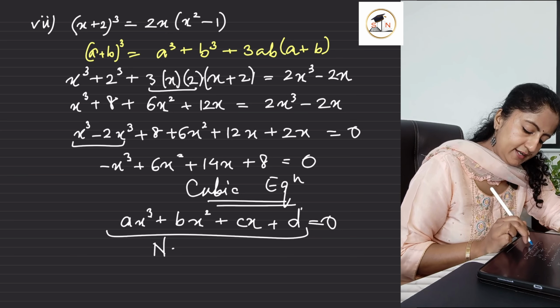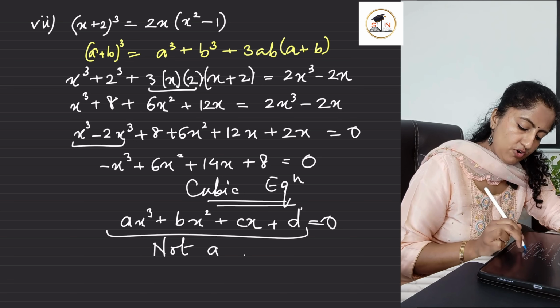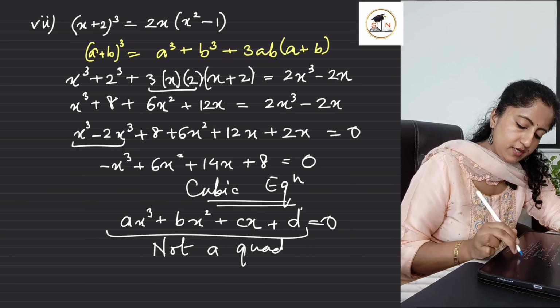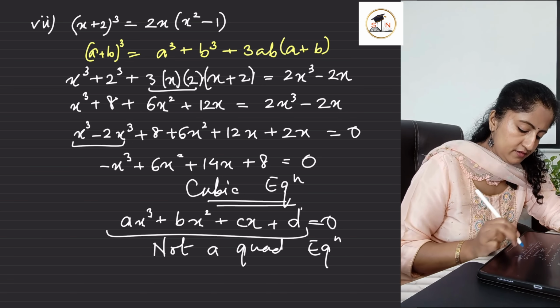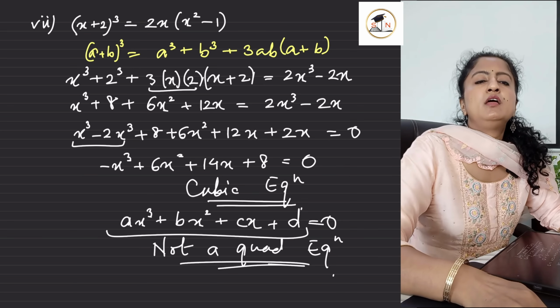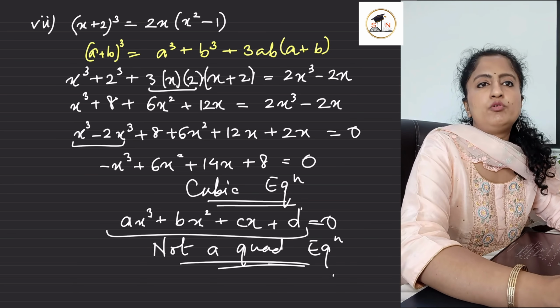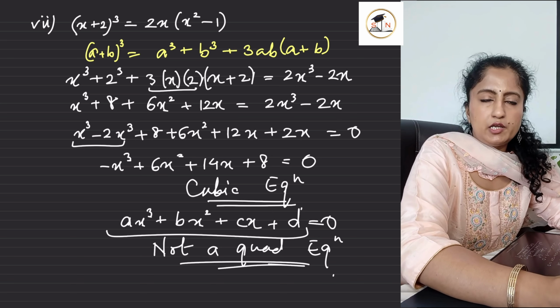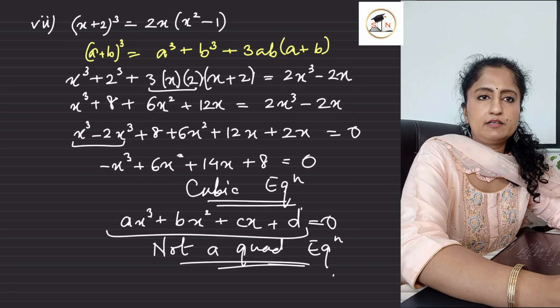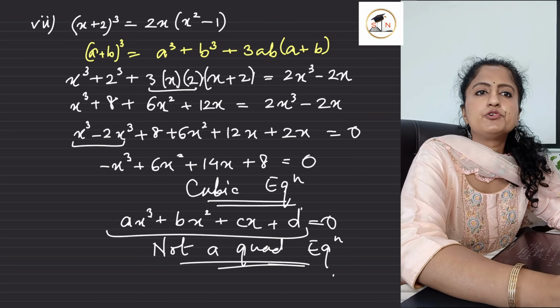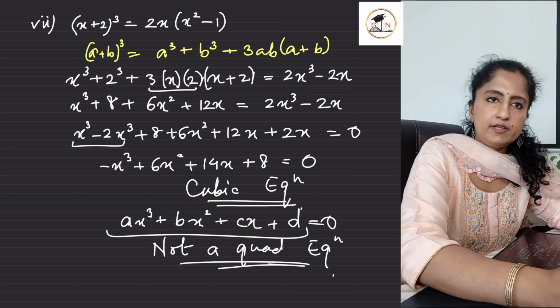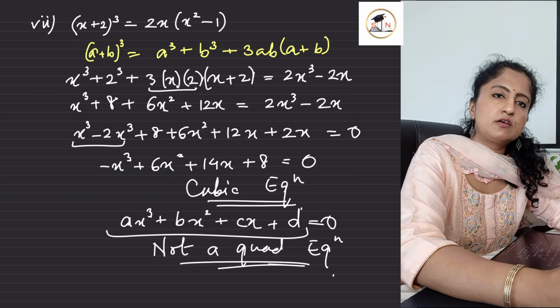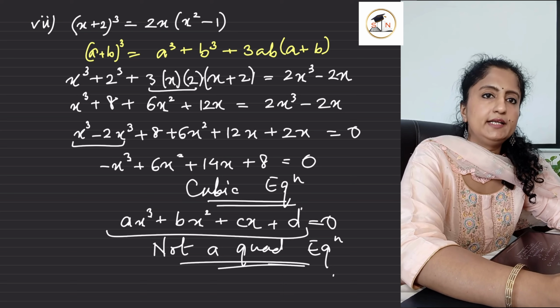Therefore, at the end, conclude that it is not a quadratic equation, right? So in this video, we got introduced to what is a quadratic equation. We learned about its standard form, and then we solved a few questions to decide how to check whether it is a quadratic or not.